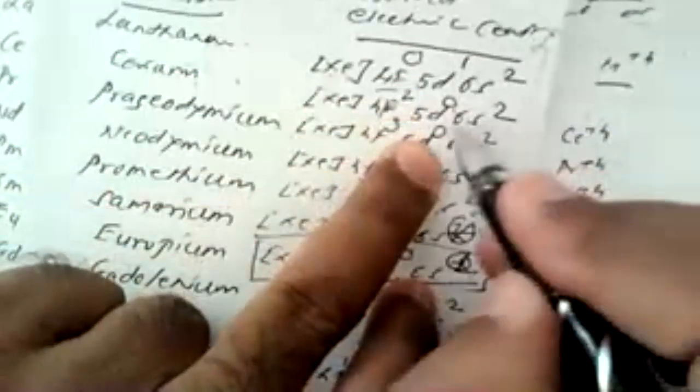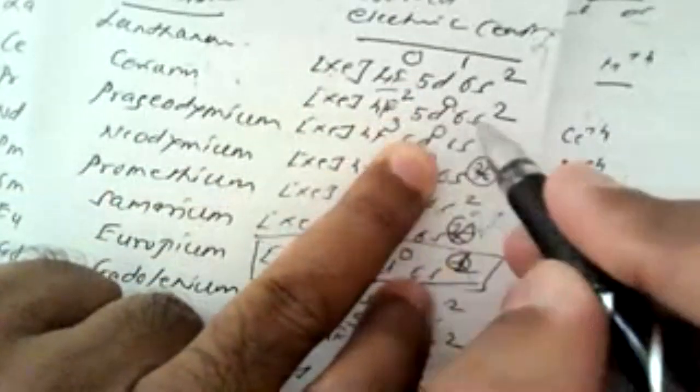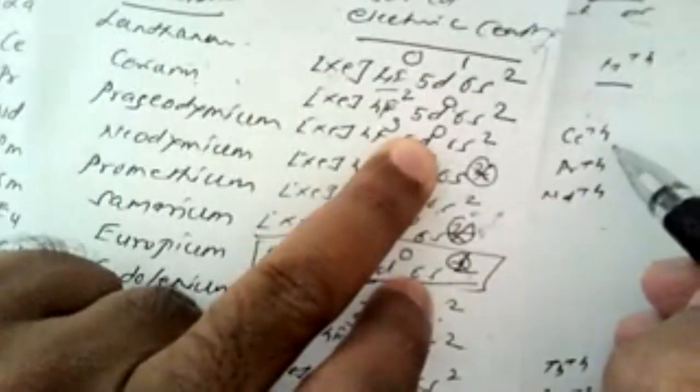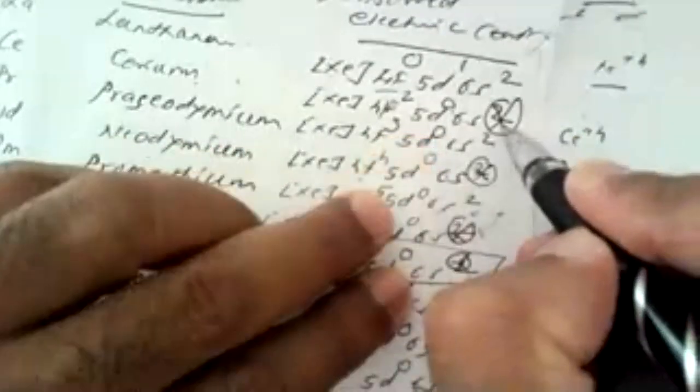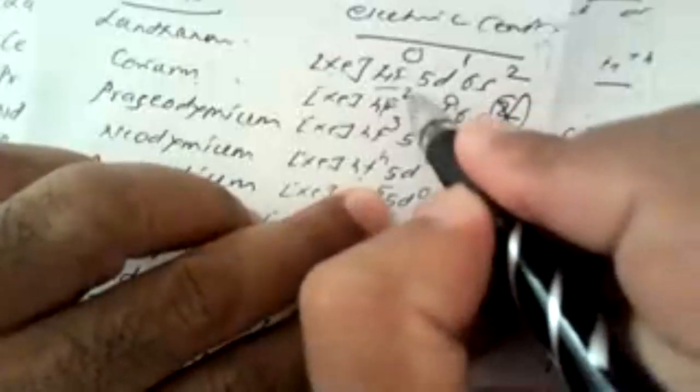Now come to the +4 oxidation states. See this. For cerium, the electronic configuration is 4f2, 6s2, 5d0. So to show +4 oxidation state, it should lose all the 4 electrons, 2 electrons from 6s and 2 electrons from 4f.